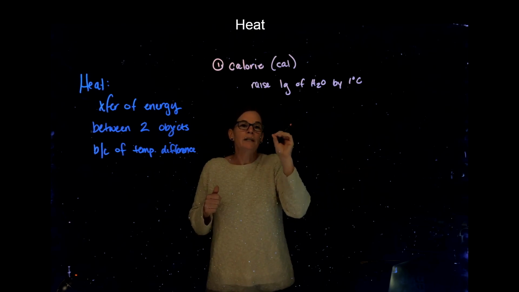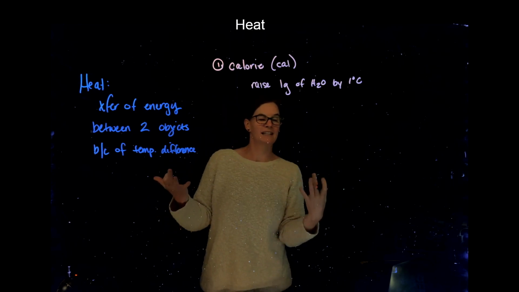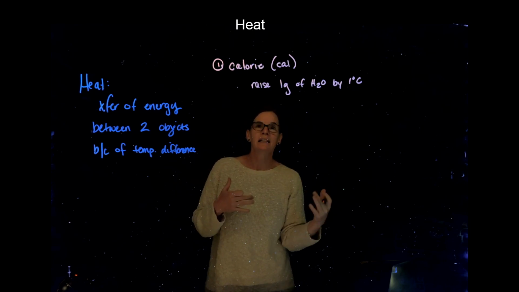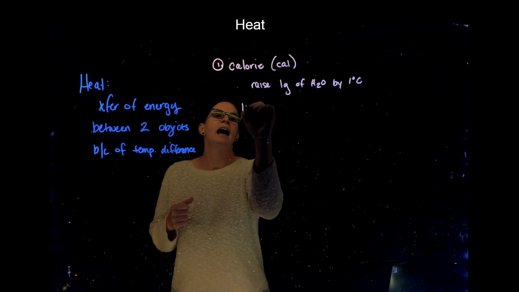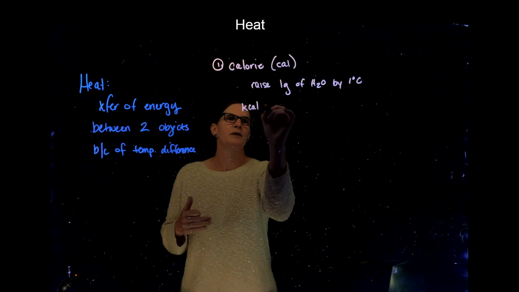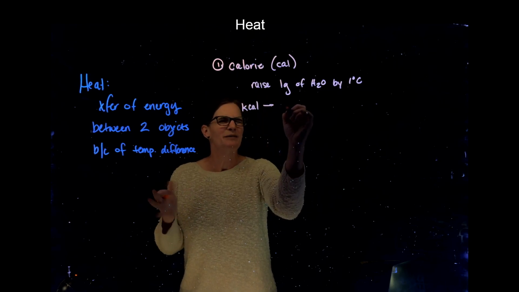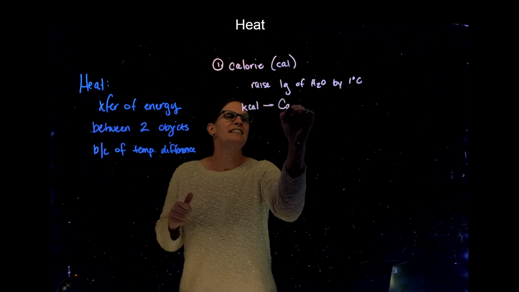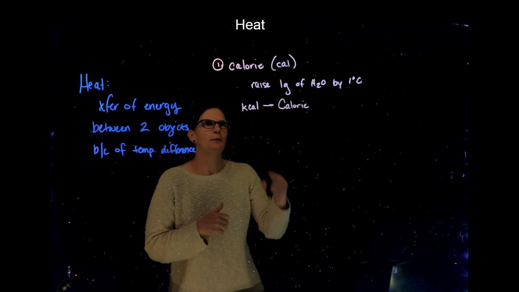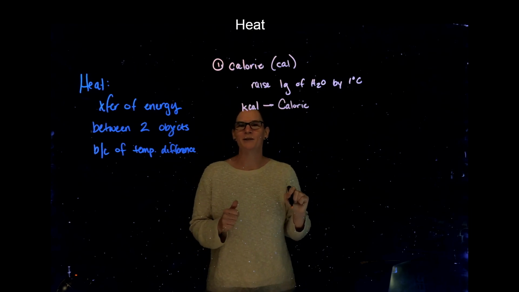Now that is a really small amount. So similar to grams to kilograms, when we talk about calories, we often use kilocalories as our kind of base unit. This is where there is a little bit of weird confusion. This is a calorie with a capital C. Okay, so calorie with a lowercase c, raise 1 gram of water by 1 degree Celsius.